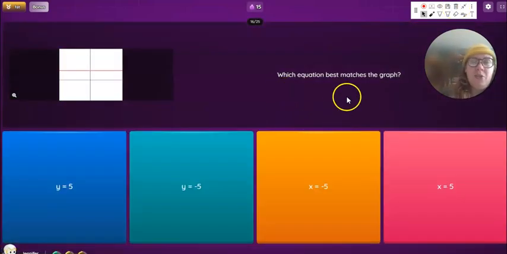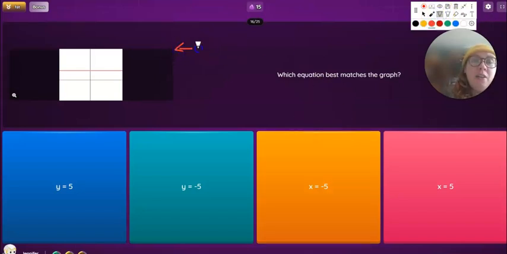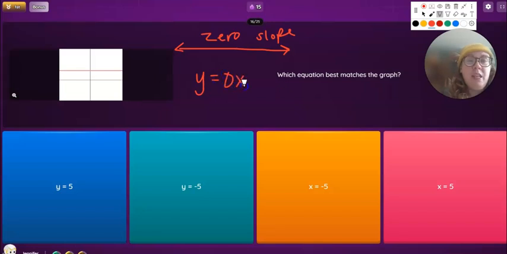Question 16, which equation best matches this graph? So this is our horizontal line. When we have this flat line, if we're thinking of slope, this has 0 slope. So it's always just y equals 0x plus some number. 0 times x is just 0 though.